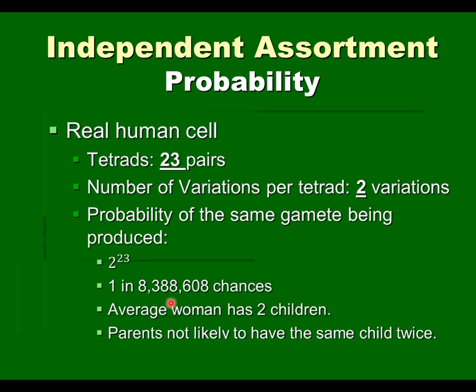Okay? So when we talk about independent assortment, these are the numbers right here. The idea that chromosomes will line up in a certain way and be able to repeat it twice, the probability of that is very, very little. Okay, so people are not likely to have the same child twice.